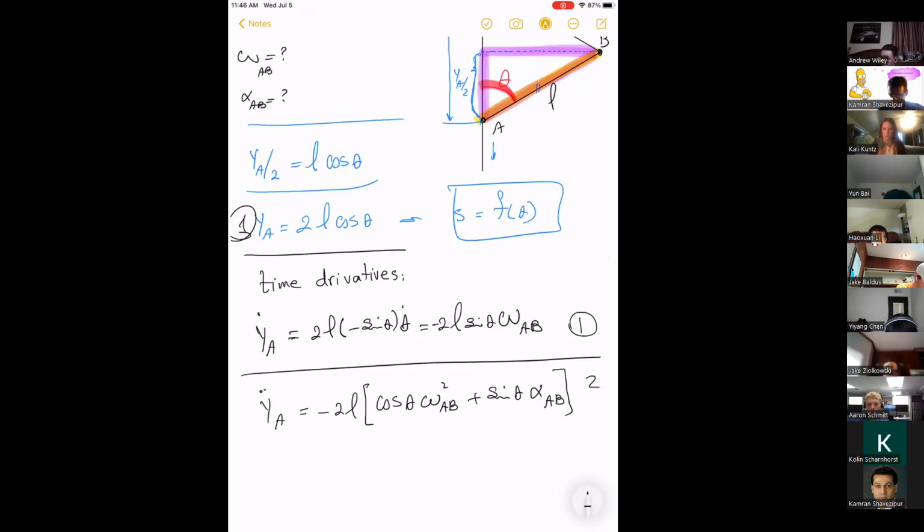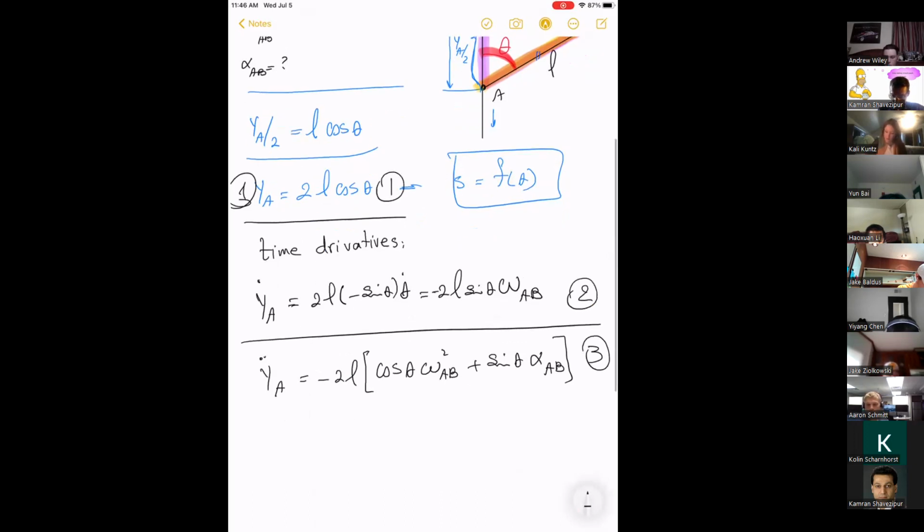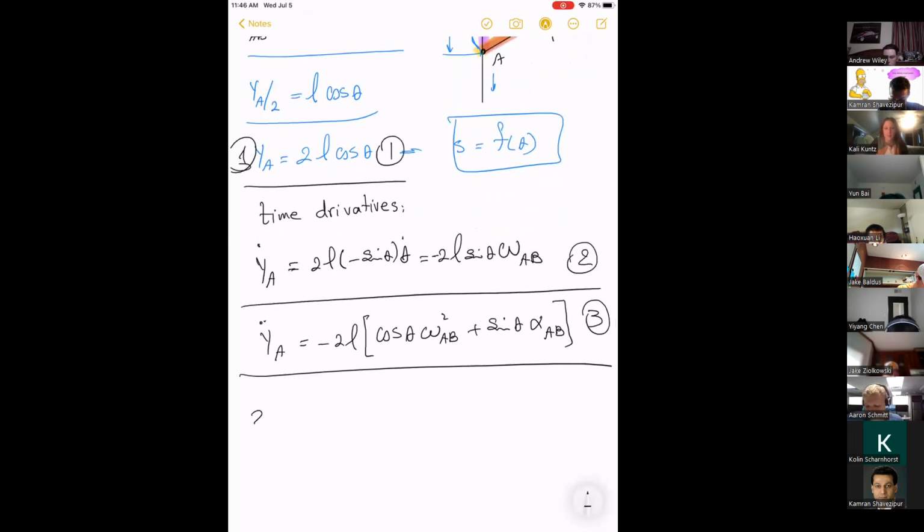Equation 1 and 2. Or if this is 1, let's make this 2 and 3. Now from equation 2, your omega AB is going to be YA dot over minus 2L sine theta.